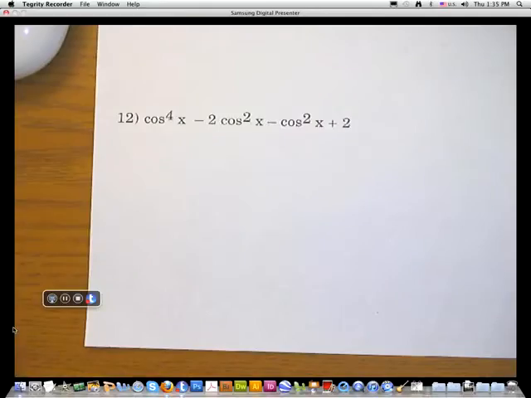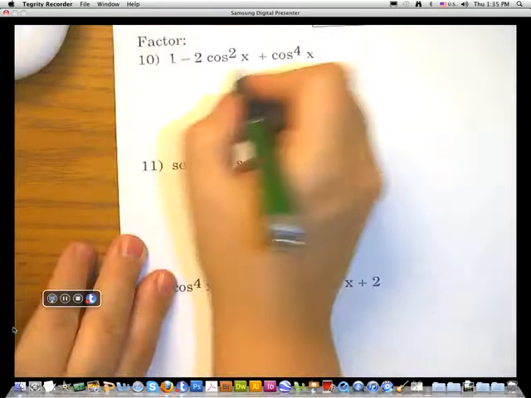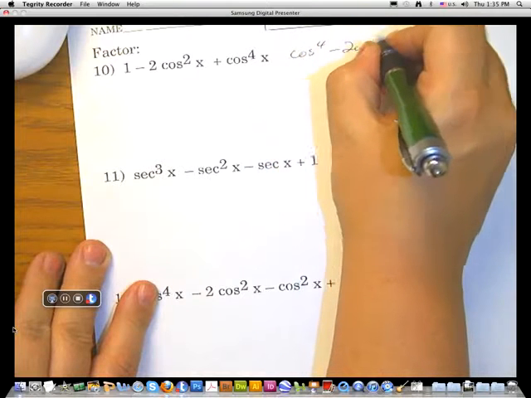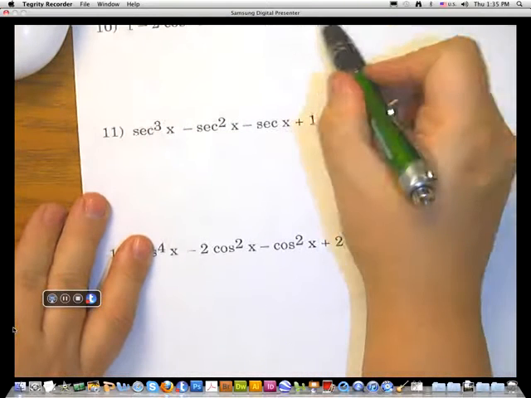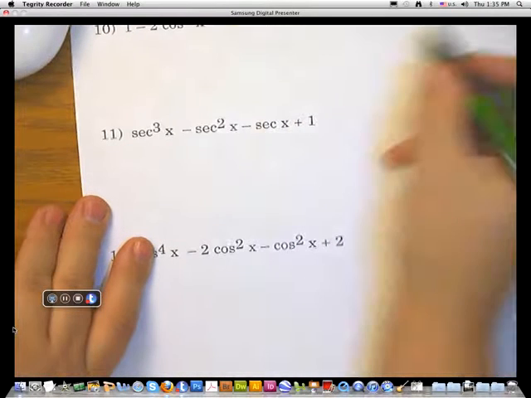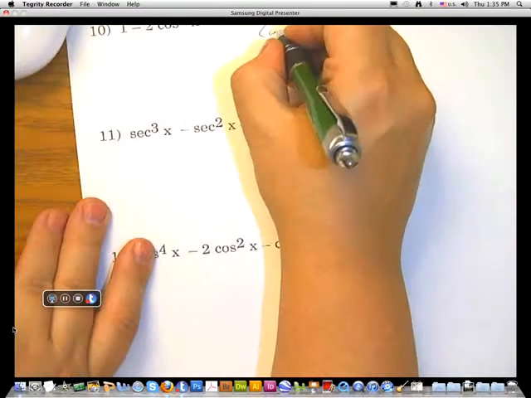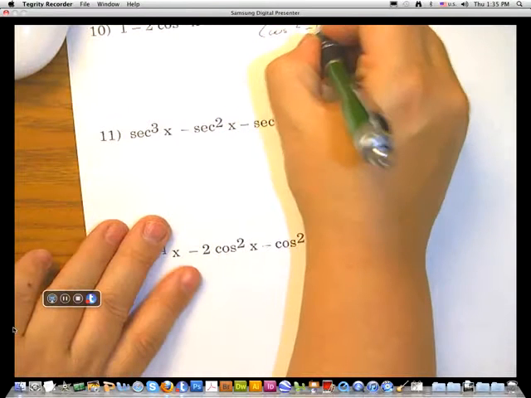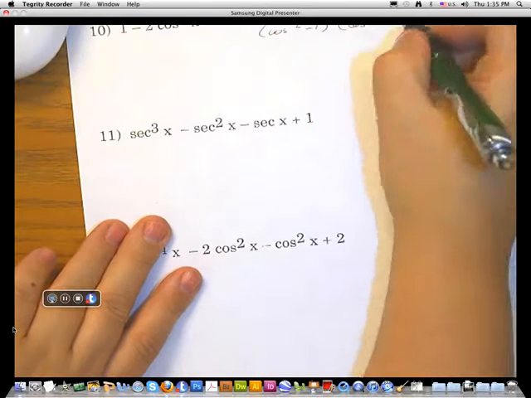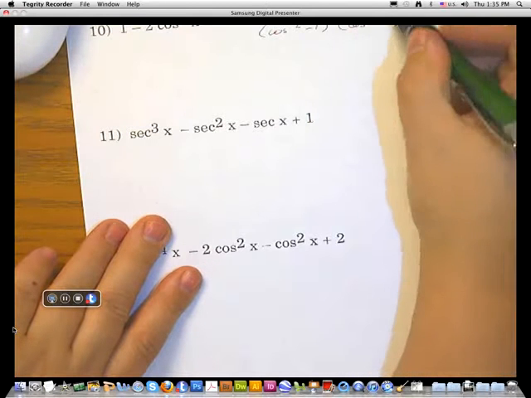Alright, so this last page, factoring. This first one is just written backwards, so we want to put it in the right form: cosine to the 4th, minus 2 cosine squared, plus 1. And with the higher degree, it just means we're splitting it into a square and a square. So we're going to start with cosine squared. Multiplies to 1, adds to negative 2.